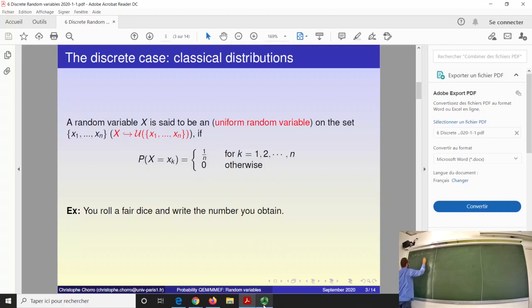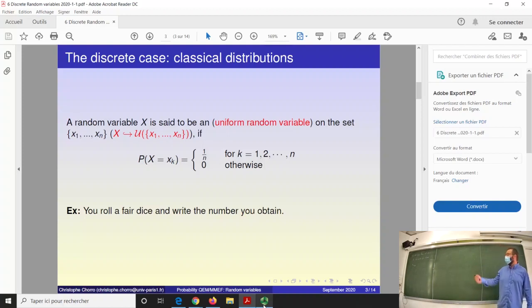I denote by capital X the number you obtain. Using my notation in the slides here, what is the distribution of X? The notation is this one, with this little arrow here, U for uniform, and this one for the set I am interested in.